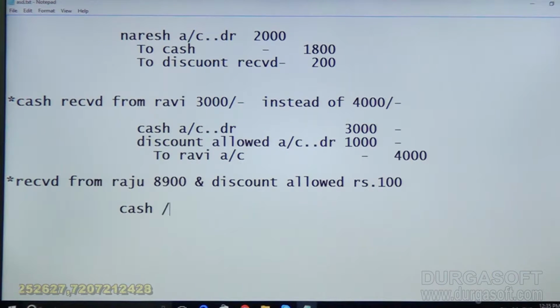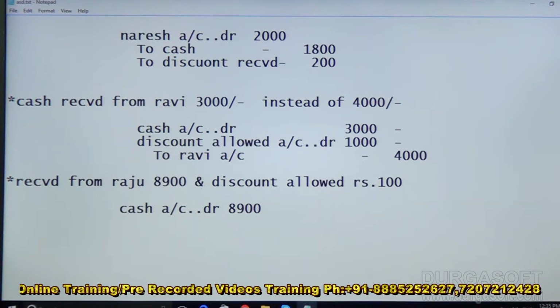Okay. So first we need to write here cash account debit. How much cash are we receiving? 8900. So the same way, what is Raju's total amount? 9000 rupees.